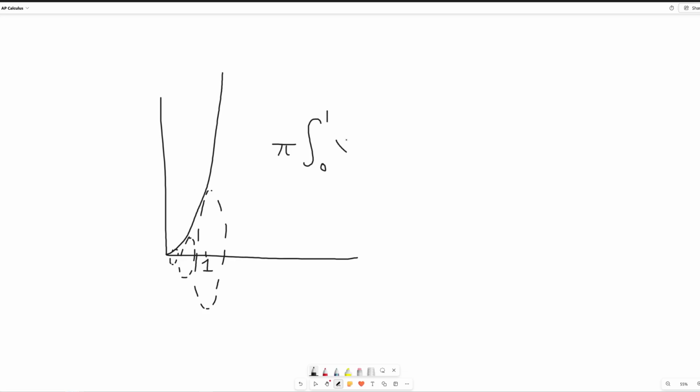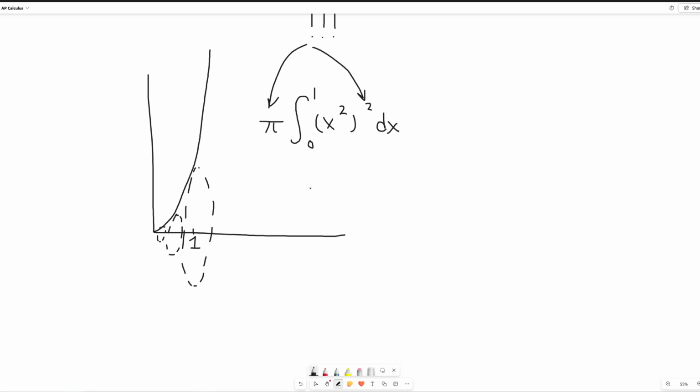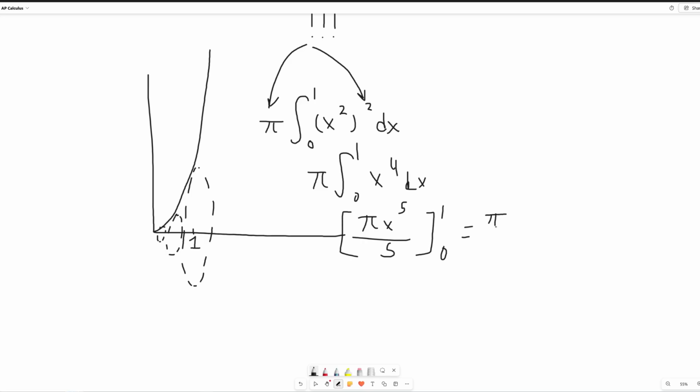And do not forget your squared. Those are the two things that graders are looking for when you're doing the disk method. So, now we have pi integral 0 to 1 x to the 4th dx, pi x to the 5th over 5 from 1 to 0, and then you get pi over 5 as your answer.